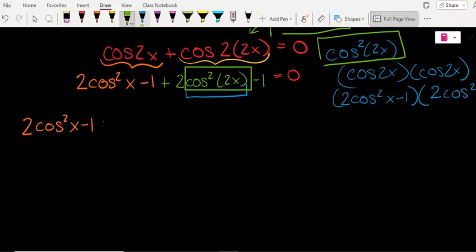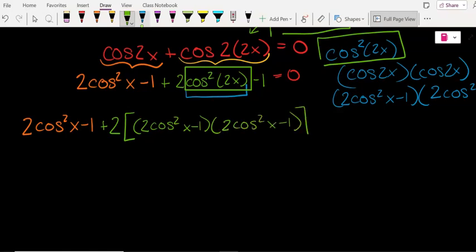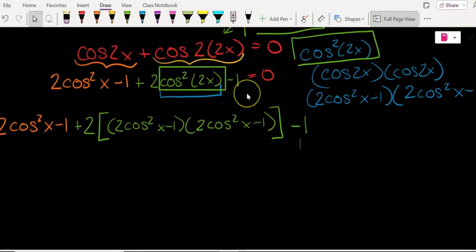So I'm going to go ahead and do plus 2 times, you can use parentheses or brackets, it doesn't matter. I'm using a bracket because I'm about to put those parentheses in so I can FOIL it. So I just think it looks a little bit more clear when I do that. So that's what I've got there. And then I still have the minus 1 on the outside there, okay?